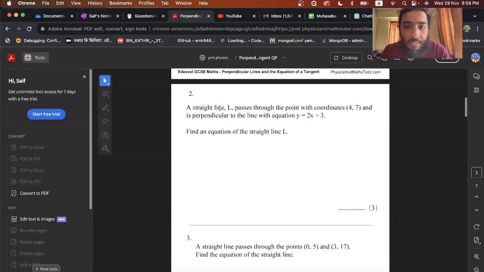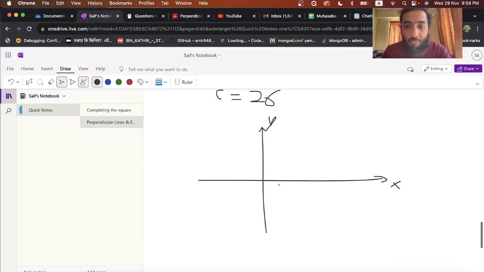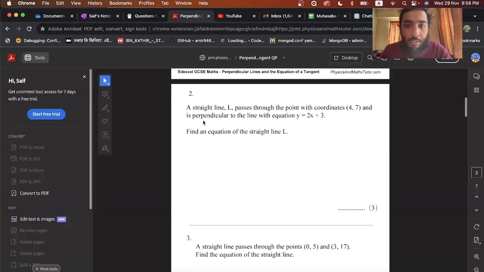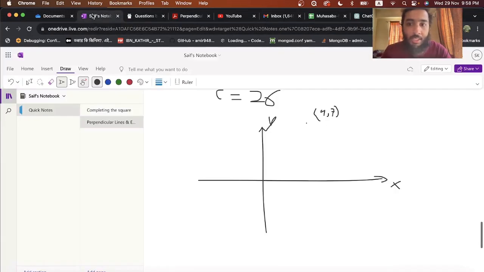A straight line L passes through the point (4, 7), which is something like this, and is perpendicular to the line with equation y equals 2x plus 3.